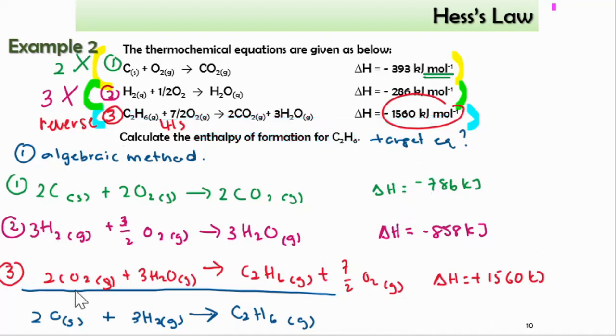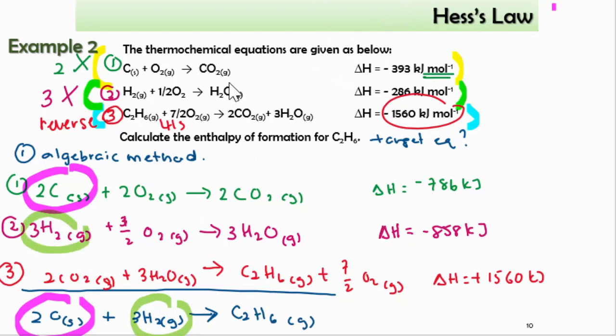So now, compare and you can cancel off species yang tak terlibat dengan target equation. CO2 cancel with 2 mole of CO2.